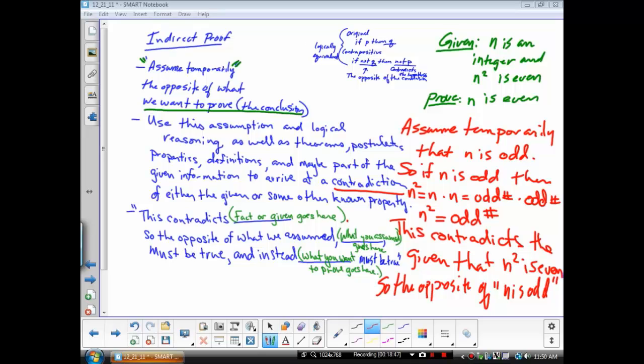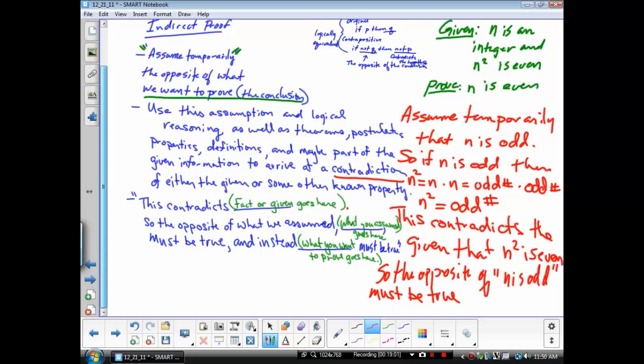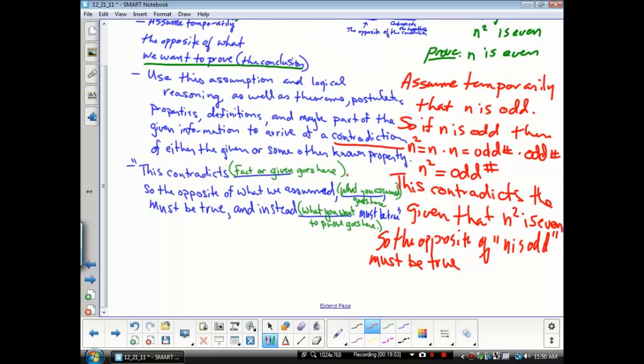I'm not seeing what I'm writing is one reason. So the opposite of n is odd must be true, and instead, n is an even number. Here we end our proof with that nice little box paragraph, because it is a type of paragraph proof.